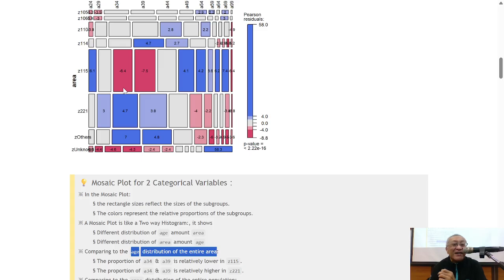And for those customers who live in Z221, they have a large proportion of customers in A34 and A39. Actually, this chart can be read in two ways, right? On the age side, we can say the same thing, right? We can say that within the A37 customer groups, right?